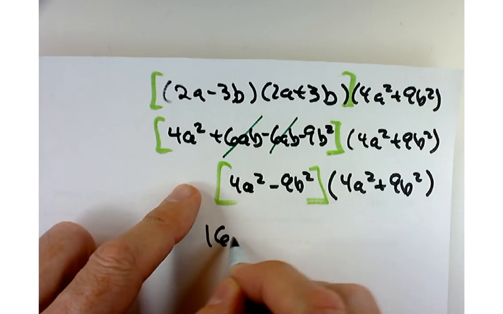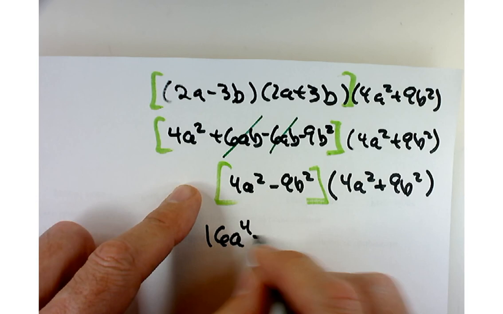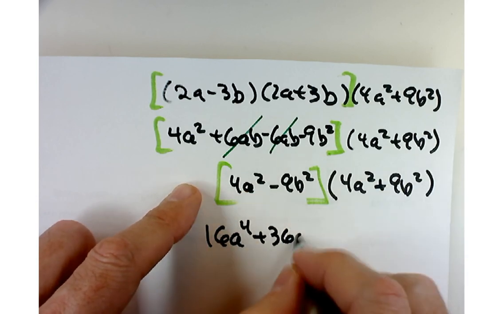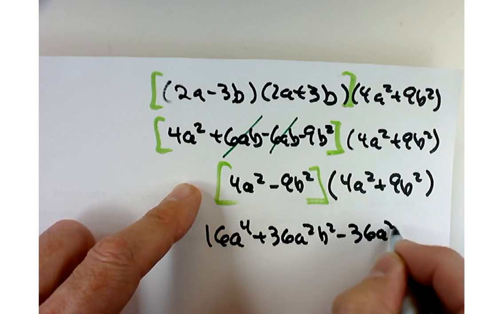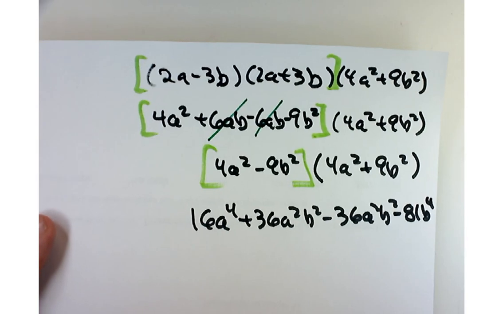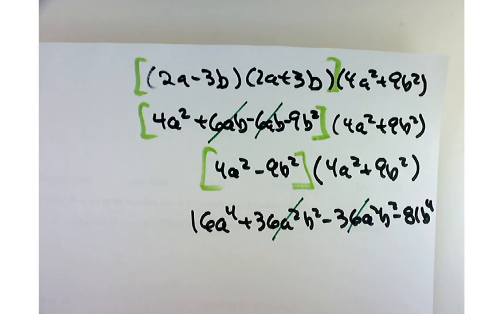I'm going to get 16 a squared times a squared is a to the 4th, plus 36 a squared b squared, minus 36 a squared b squared, minus 81 b to the 4th. And kind of like the last one, those middle terms cancel each other out.